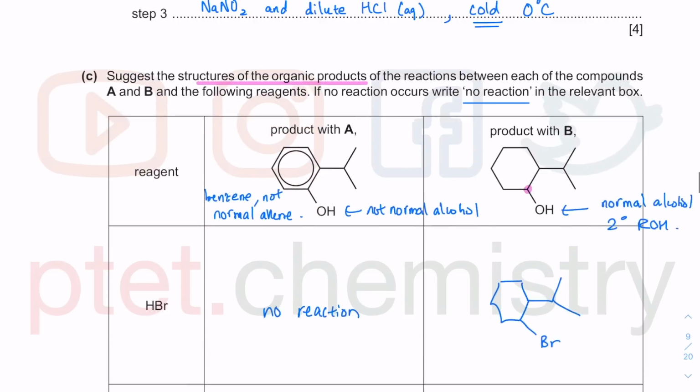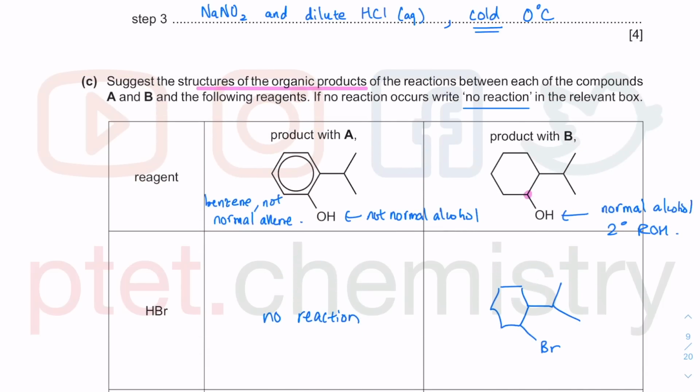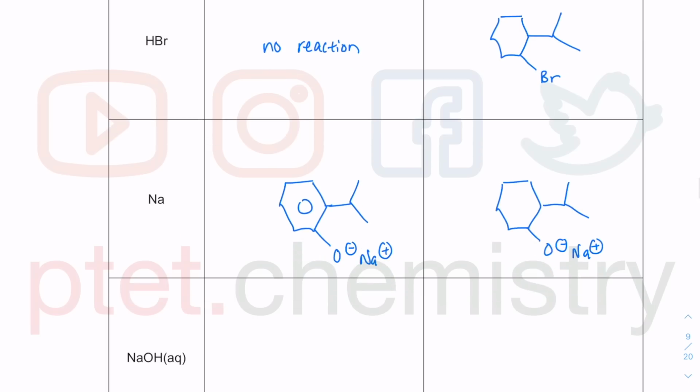Do not forget, there is only 1 organic product, even though we also produce hydrogen gas, because the H plus actually comes off as H2. When you have ROH plus Na, what you're going to get is RO minus Na plus, and then you get half H2 gas. So what do you see? You see effervescence.